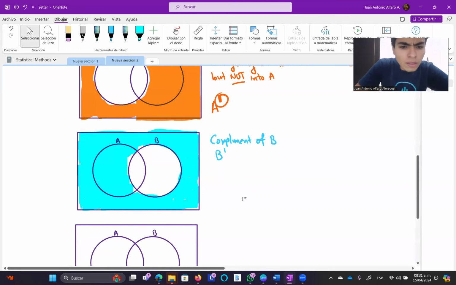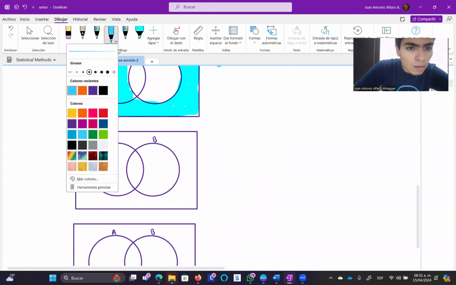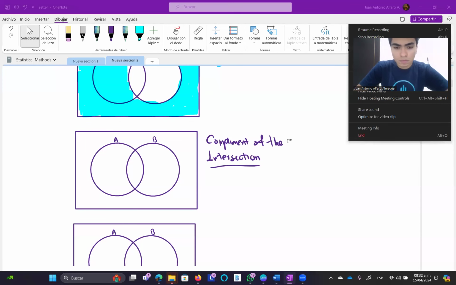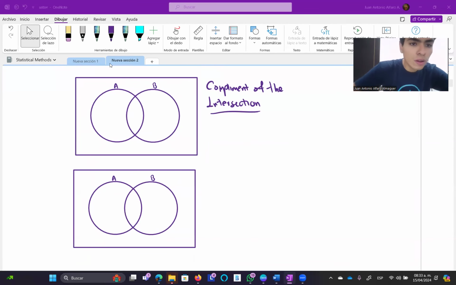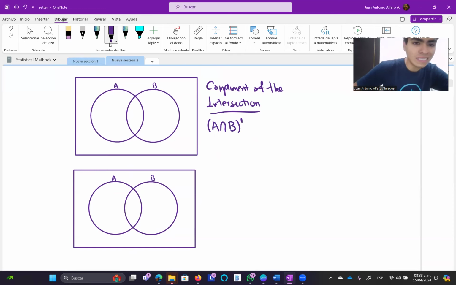But we can also talk about the complement of the intersection of both A and B. We can talk about the complement of the intersection of both of them that we noted as A intersection B complement. What is this?